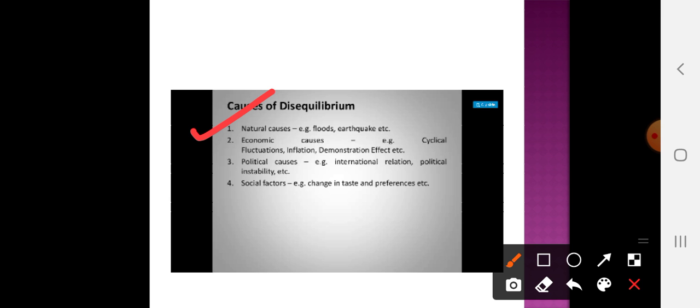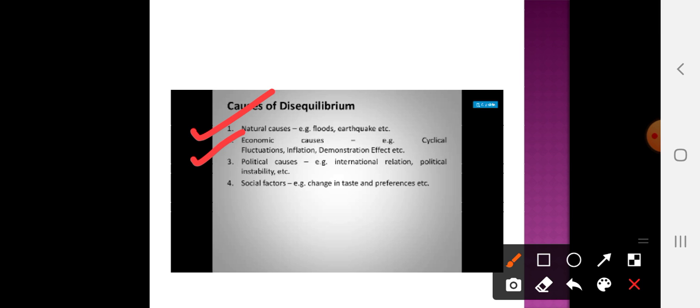Due to this, the economy has fallen, people are unemployed, people are suffering to meet their basic needs, and so this automatically affects the overall economy of the country. So natural calamities are disturbing and causing disequilibrium in balance of payment.